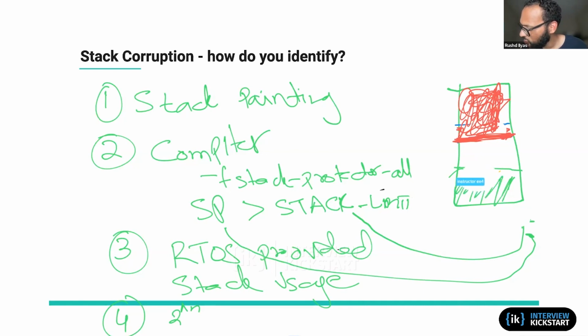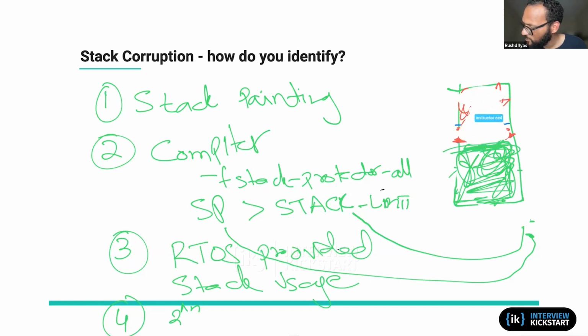To answer your question, let's say that we started off with green paint, which is like a magic number, and we painted all of this. And the application started using it from the top. So you have painted your whole RAM or your whole stack space with this, and then you start the application.